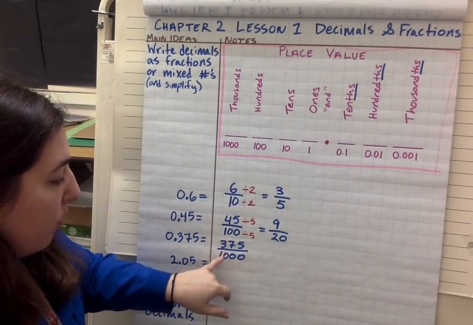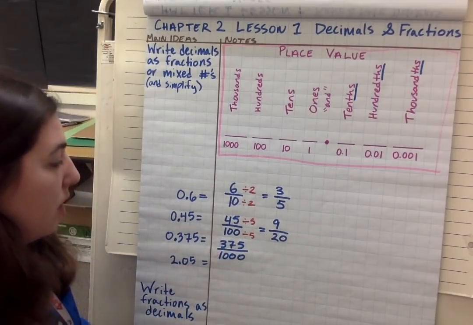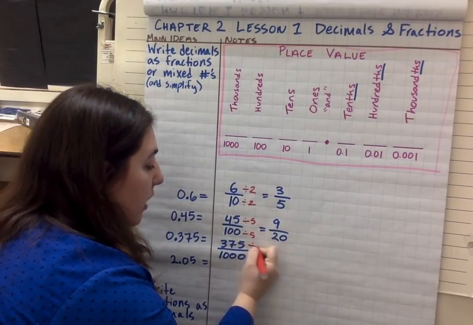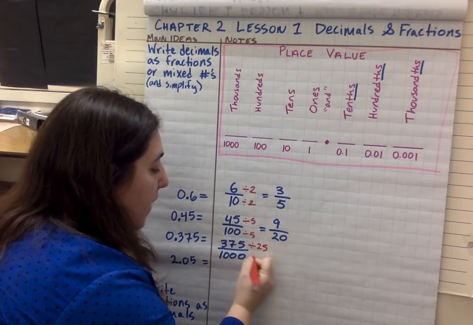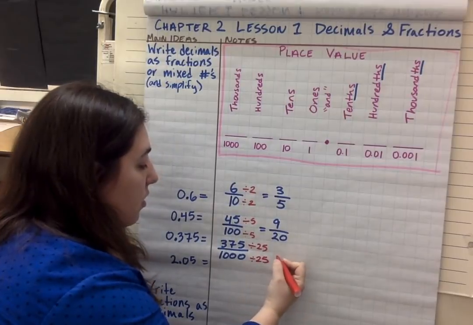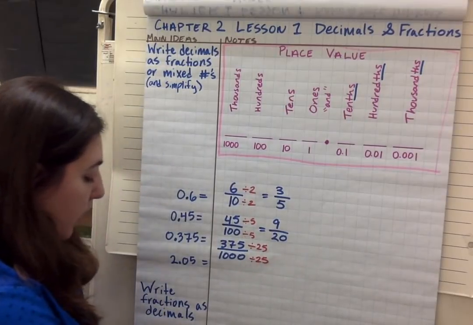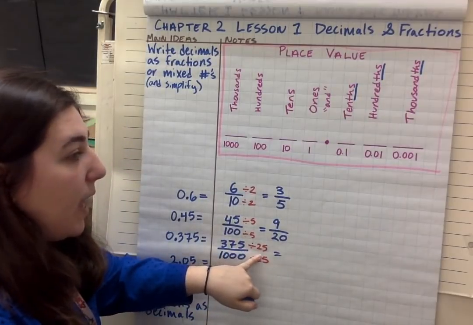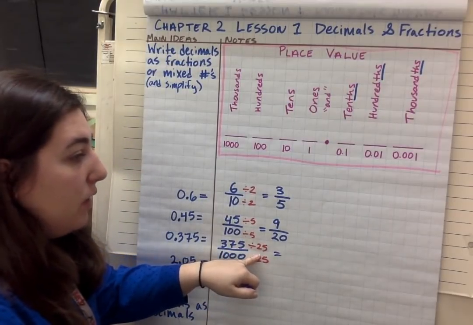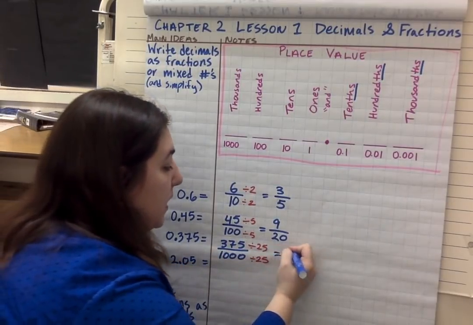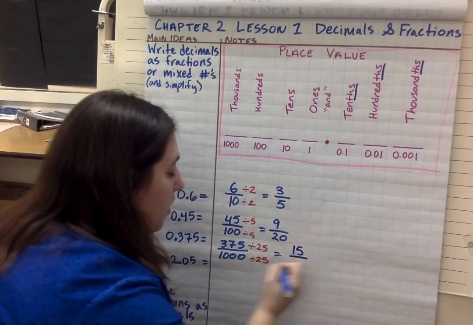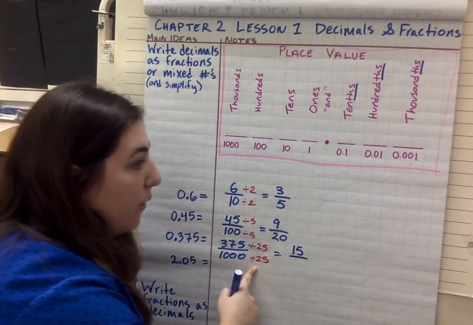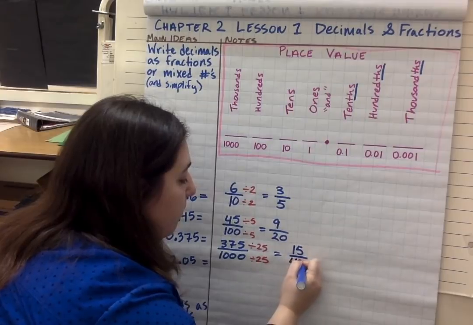So I know that 25 will go into both of these numbers, and you can use a calculator. I'm dividing both numbers by 25. 375 divided by 25 is going to be 15. 1,000 divided by 25 is going to be 40.